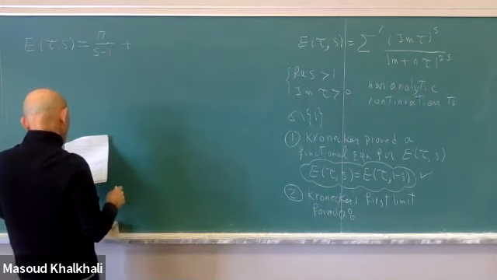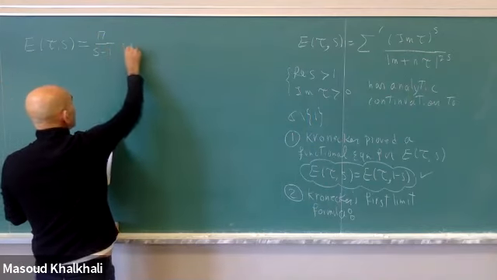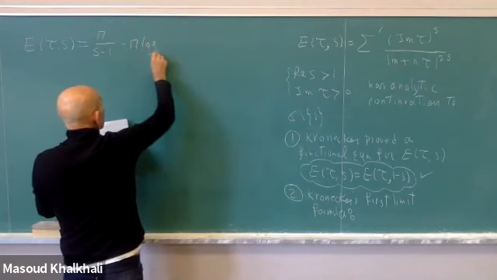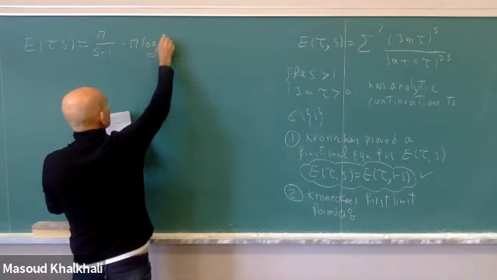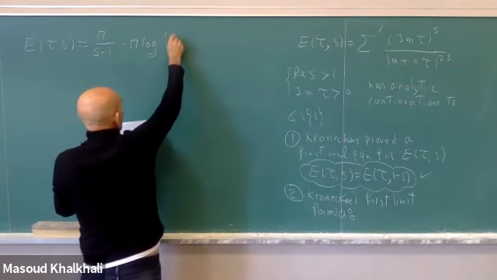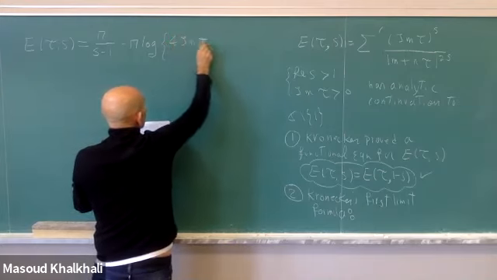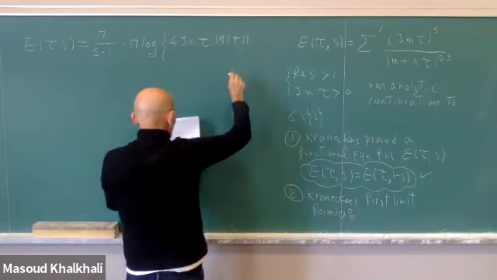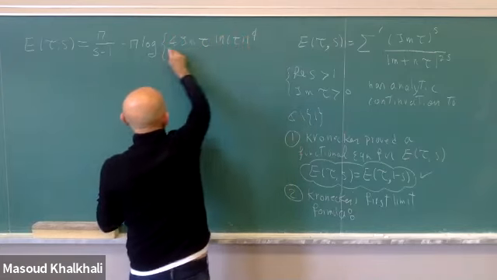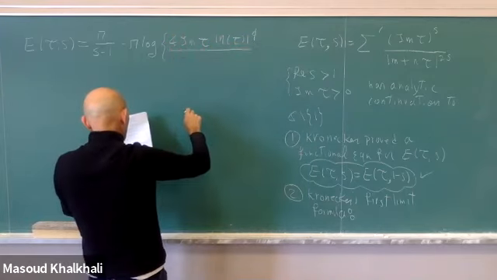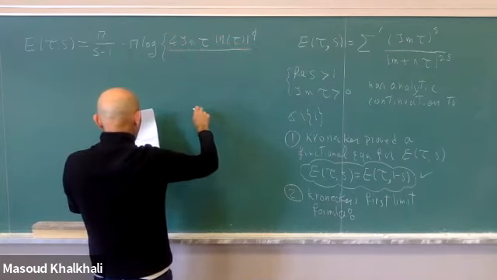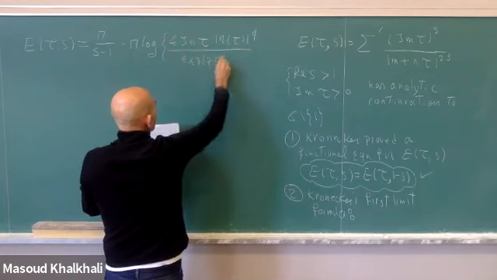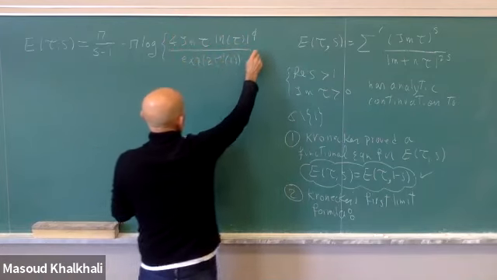And then the constant term is minus pi log of 4 times the imaginary part of tau, times the absolute value of eta of tau to the power 4, divided by the exponential of 2 gamma prime to 1.